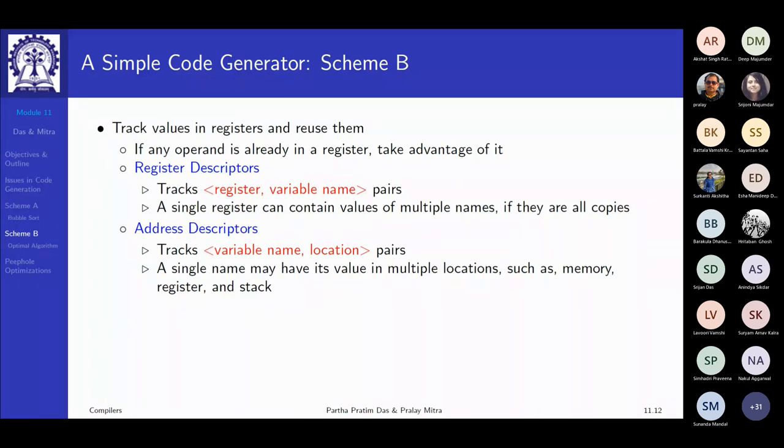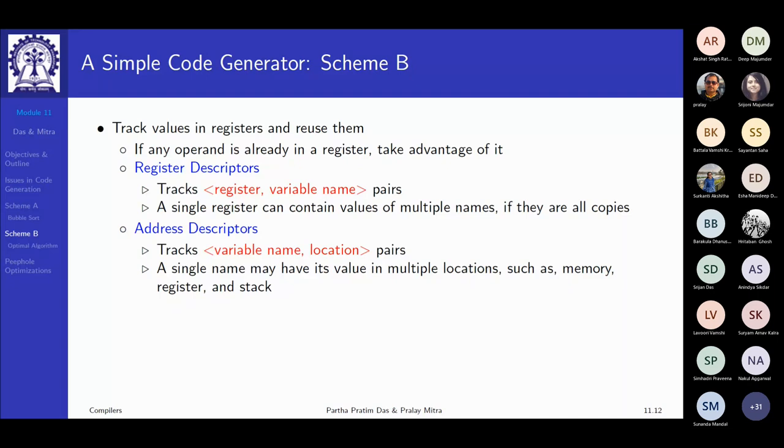One is called the register descriptor. A register descriptor tracks what values are available in a register at any point of time. So it is like a register and variable name pair. A register may contain values of multiple variables at the same time if they are all copies.